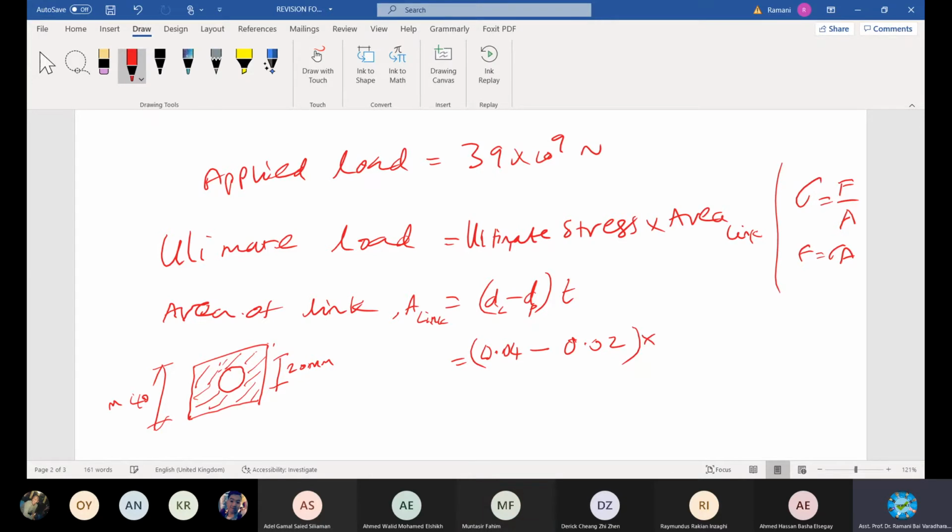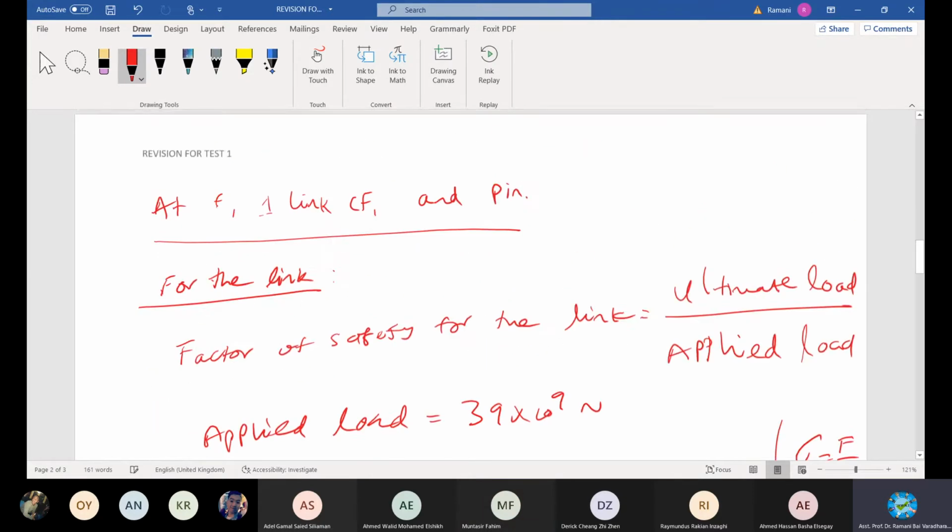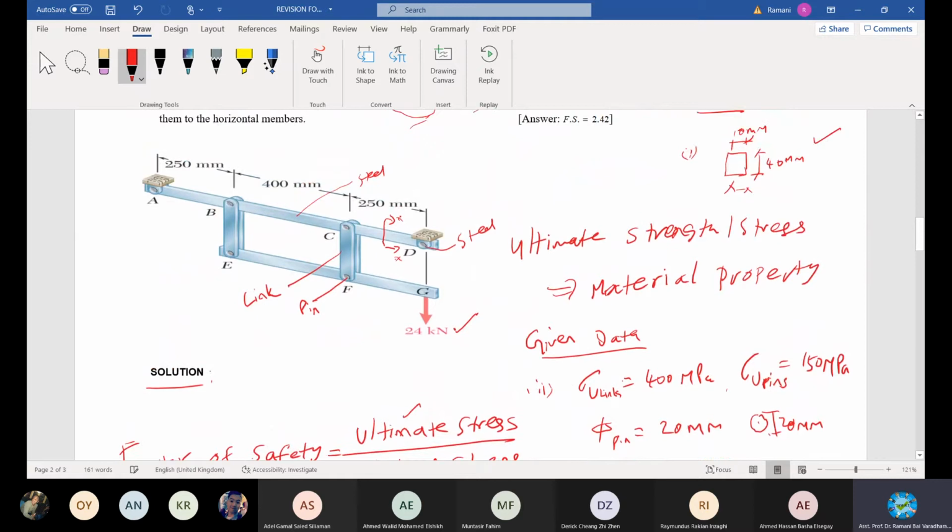And then times thickness. In this view, you can see clearly the cross section already drawn here. The thickness is 10 mm, isn't it? Thickness times the depth is important.